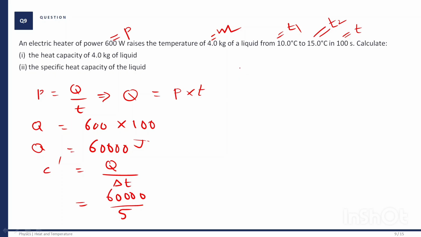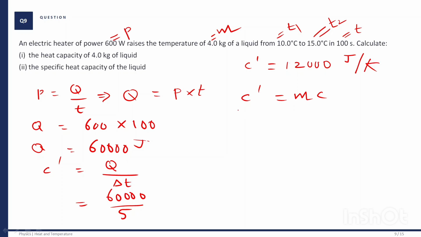Then you will get heat capacity C dash equal to 12,000 joule by Kelvin. This is the heat capacity. And now we are going to find the specific heat capacity. Directly we can use here C dash equal to M C.